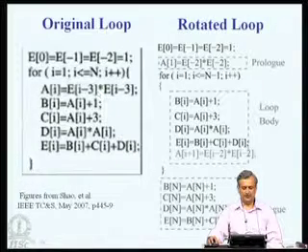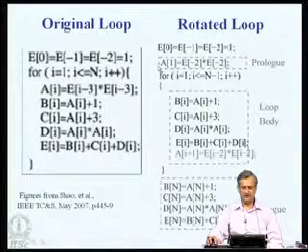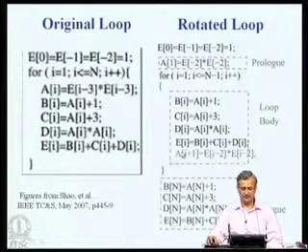So, for example, one of them was taken upwards. So, it is here, and the loop started with the second instruction onwards, and the A instruction was introduced at the bottom.